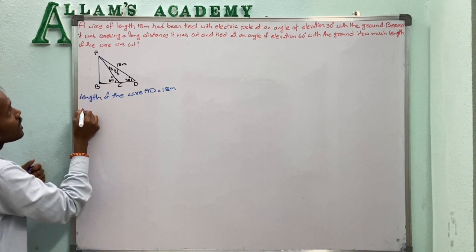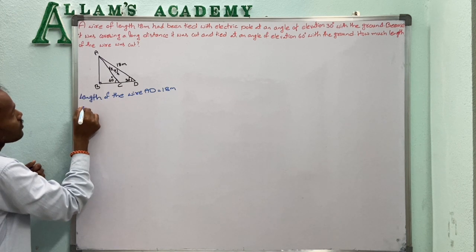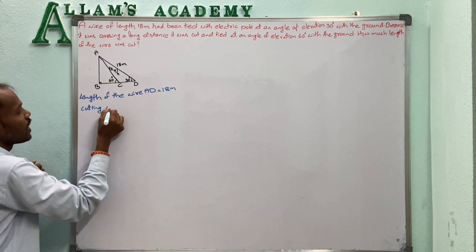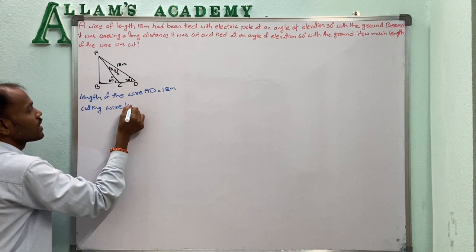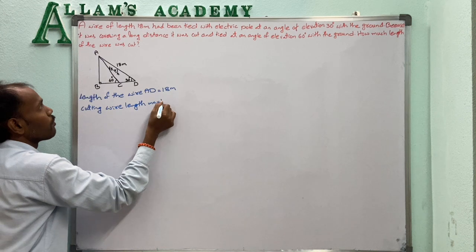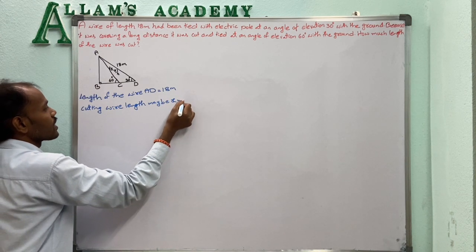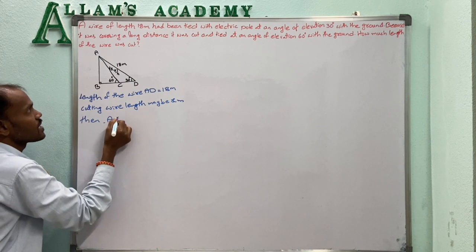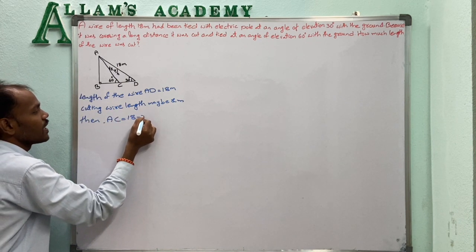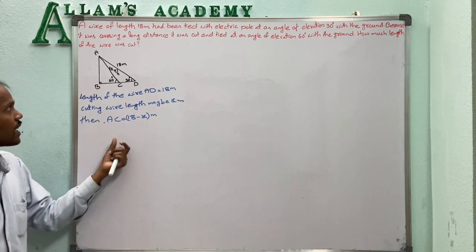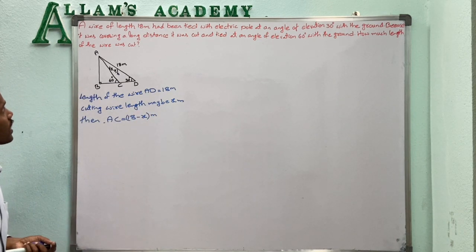Next, the cutting wire length may be x meters, then AC equal to 18 minus x meters.